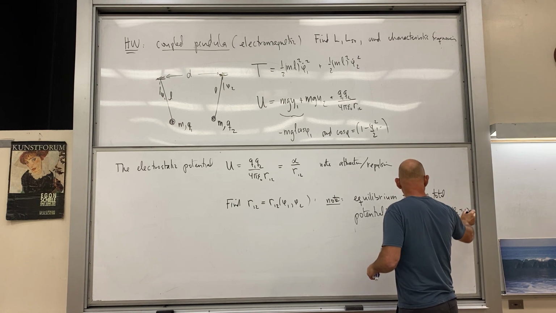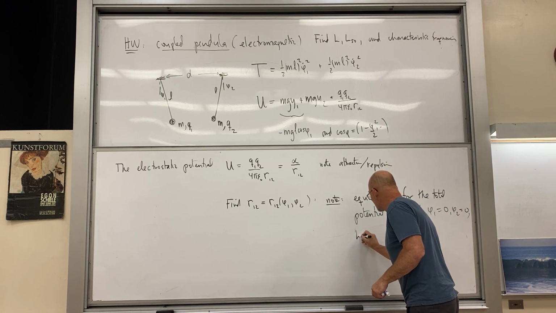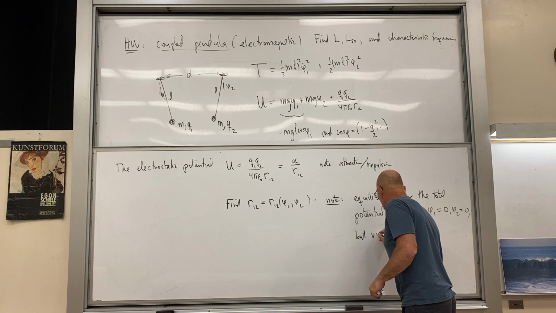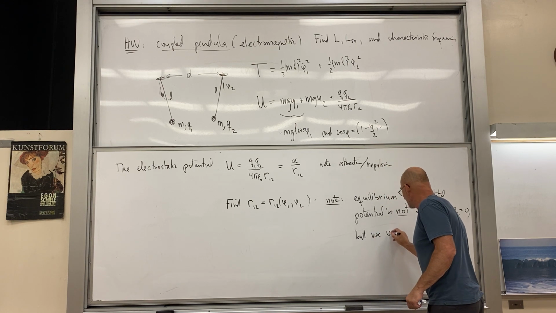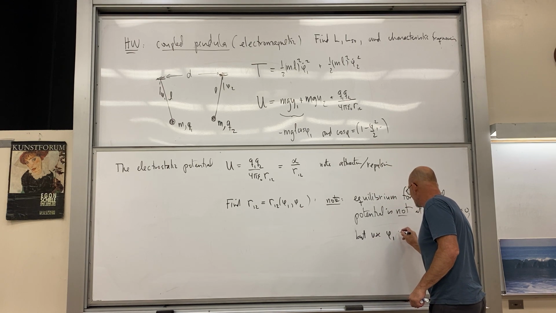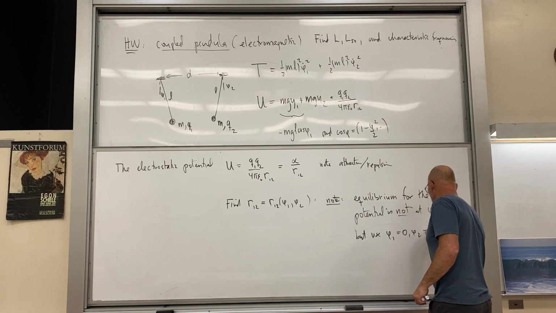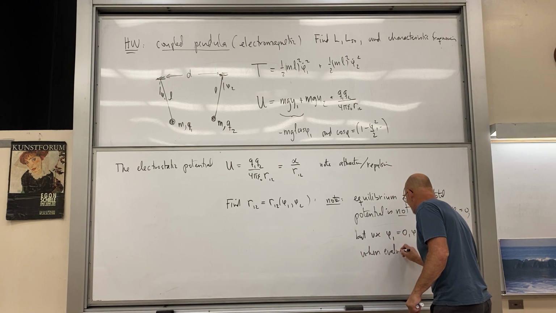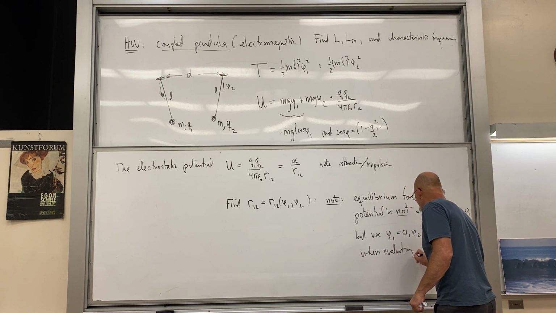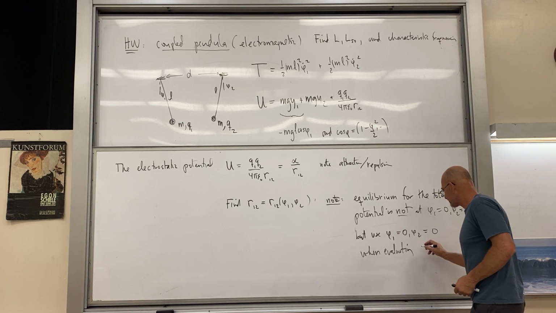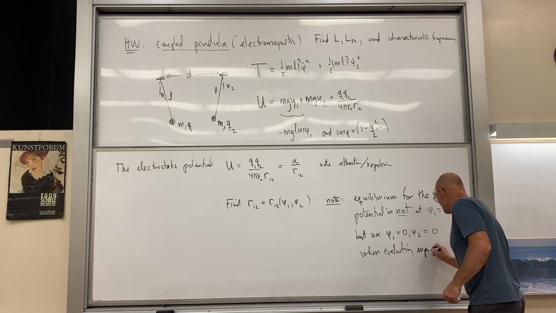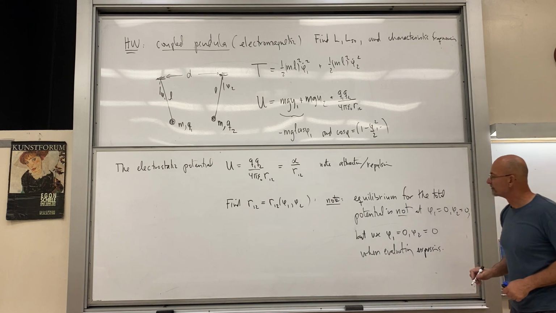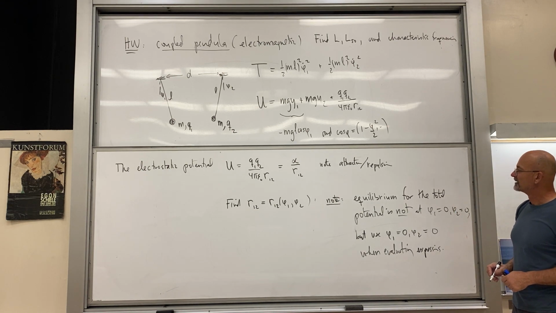So I'm going to write here: use phi1 equals 0, phi2 equals 0 when evaluating expressions. Okay.